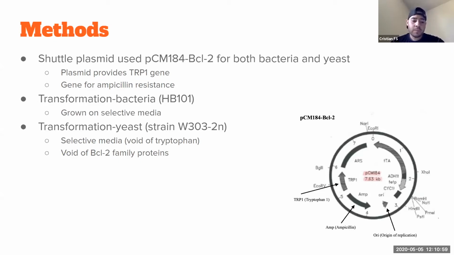It allows us to amplify the plasmid for later use in yeast cells. Our yeast cells, strain W303-2N, were transformed and grown in media void of tryptophan. By doing so, only transformed cells are able to grow. Yeast does not contain any BCL2 family proteins, making this a good control. Next.